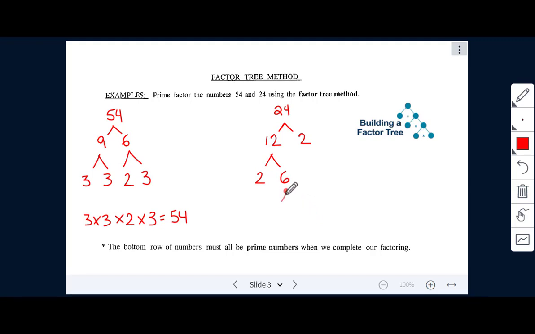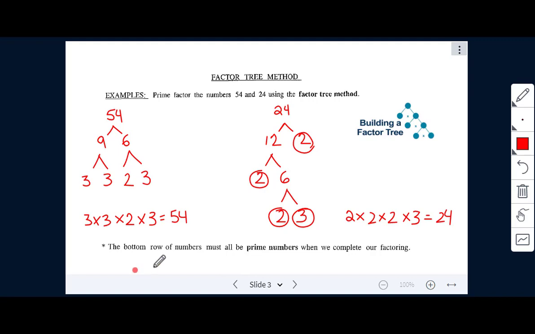And then we can factor the 6 further for 2 and 3. All right, so our prime factors here are 2, 2, 2, and 3. So our prime factors would be 2 times 2 times 2 times 3, and double check that it gives us 24. 2 times 2 times 2, that is 8, and 8 times 3 is 24.